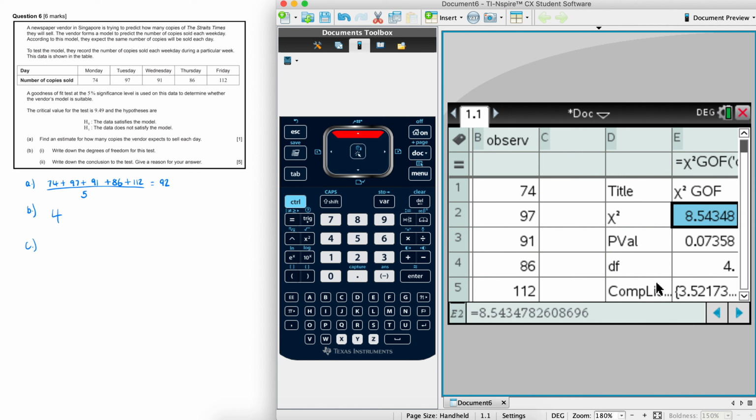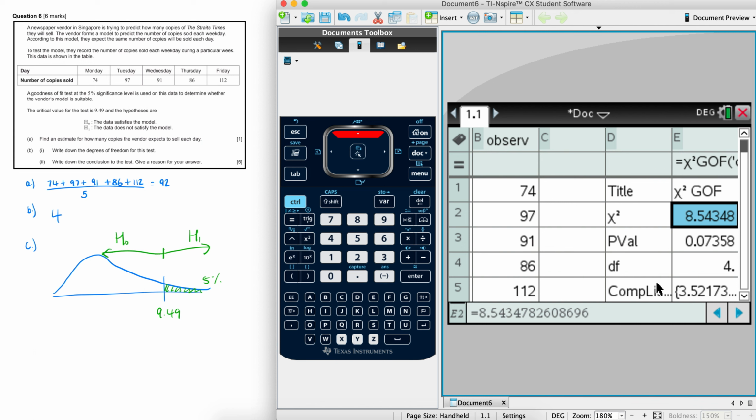If I sketch this chi-squared test, we're told in the question that it's to a 5% significance level, so this is 5%. We're told that the critical value is 9.49, which is the value that decides whether we take the alternative or the null.